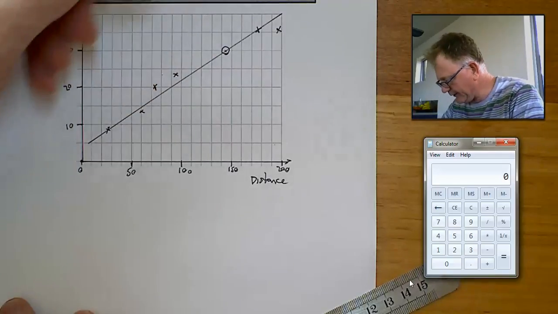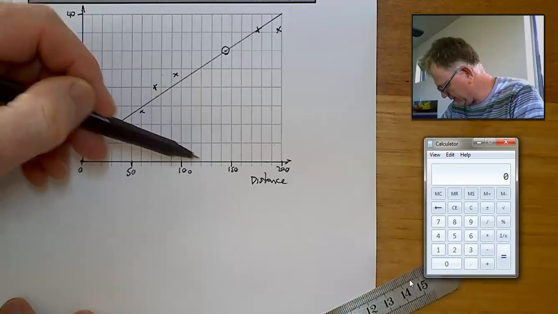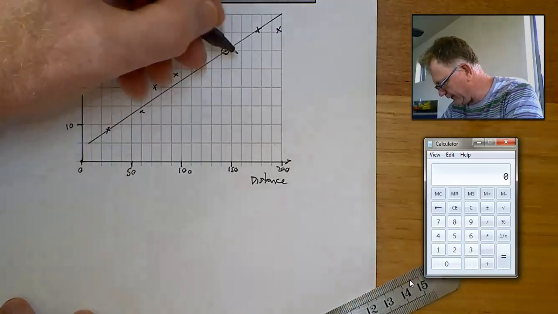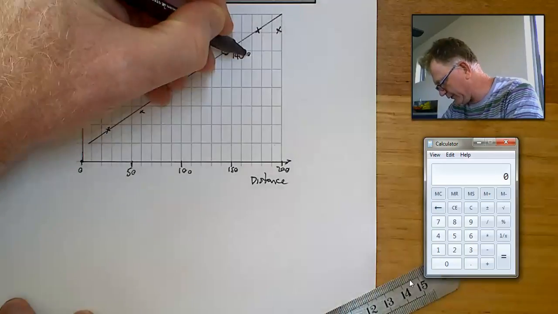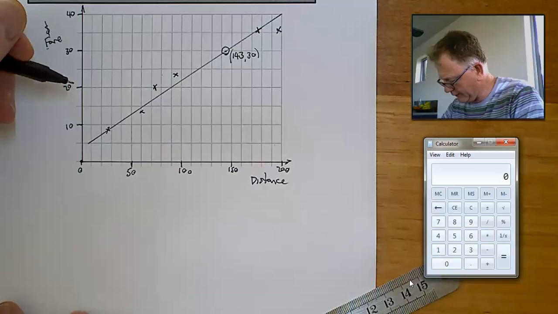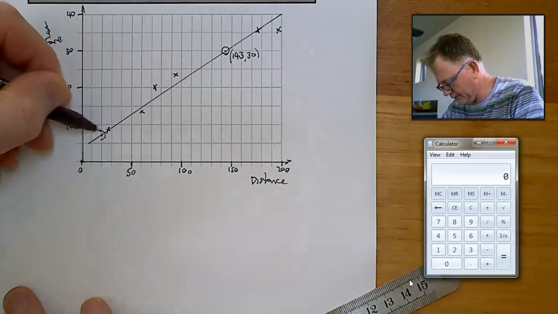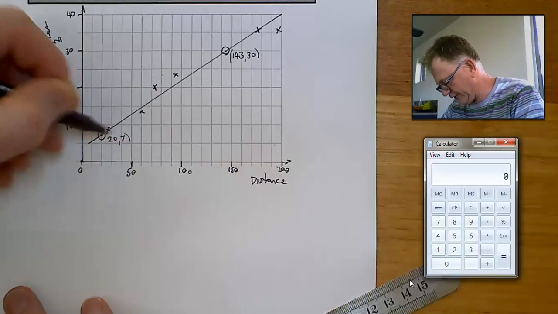So this looks like the point, well, 143, let's say. 143.30 is a point which is on my line, and another point which is on my line is here, the point 27. X equals 20, y equals 7 is on the graph.